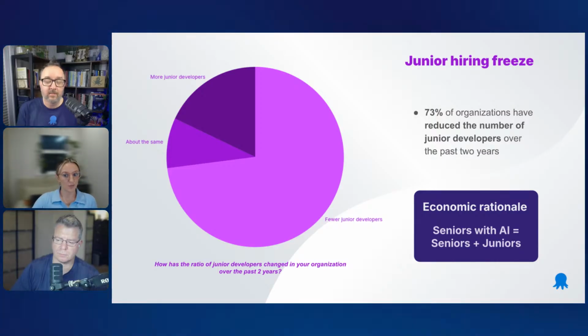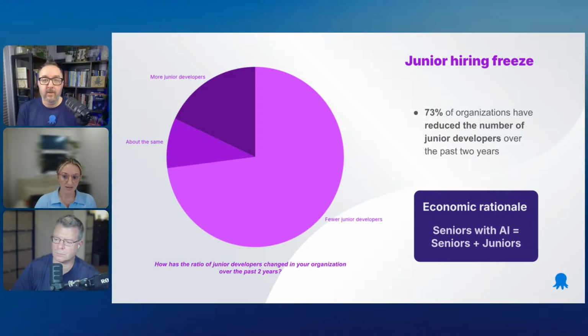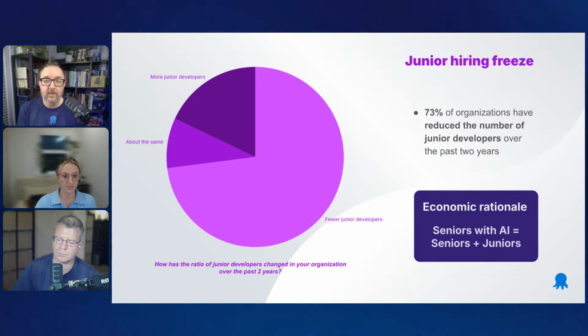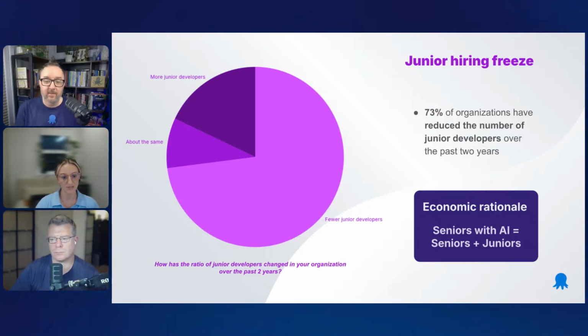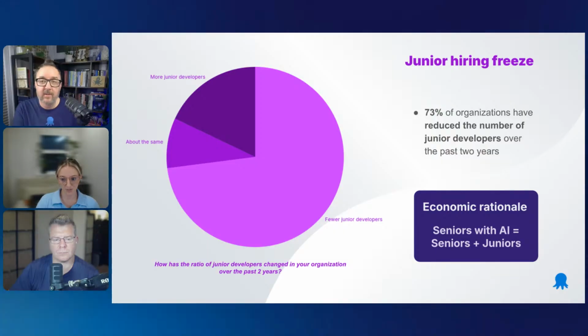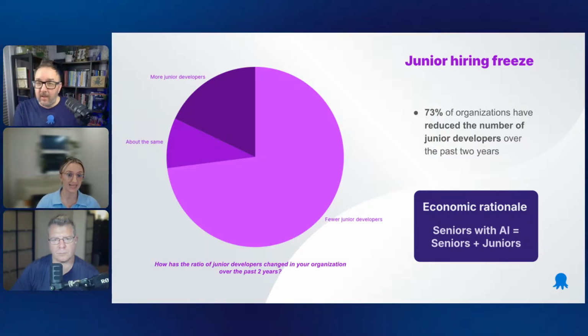The economic rationale that organizations are opting for here is that seniors with AI equals seniors plus juniors. The idea is that senior salaries are actually not much higher than juniors, and juniors also take a lot of mentoring and teaching and learning, so there's a lot of time there as well.